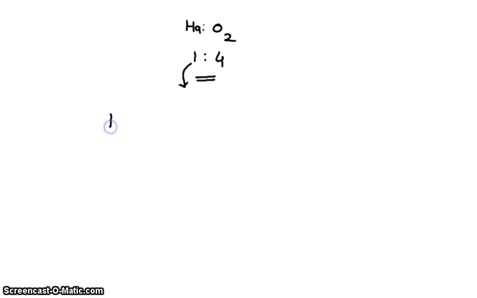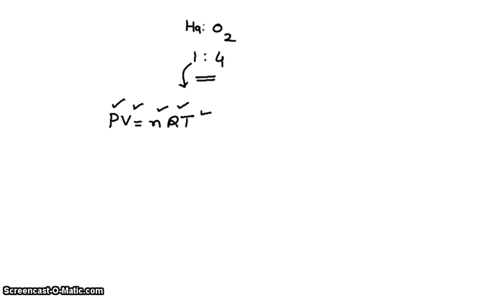So we use the formula PV = nRT. This is the ideal gas equation. P is the pressure, V is the volume, n is the number of moles, R is the gas constant, and T is the absolute temperature.